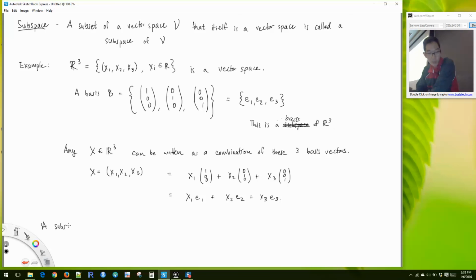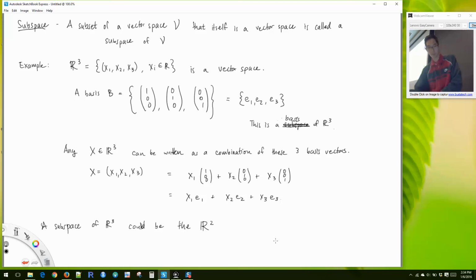So a subspace of the three-dimensional real space could be the two-dimensional real space. You could pick any kind of plane within that three-dimensional space, and that also forms a vector space as well.